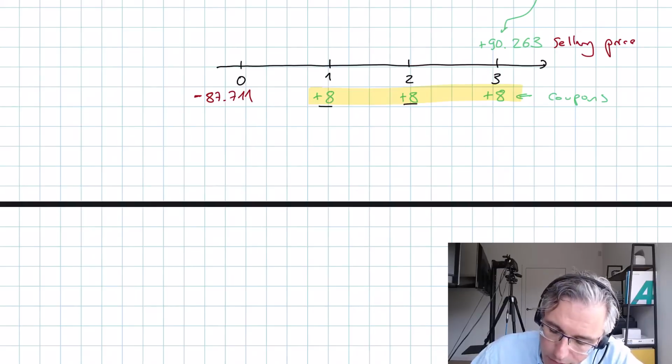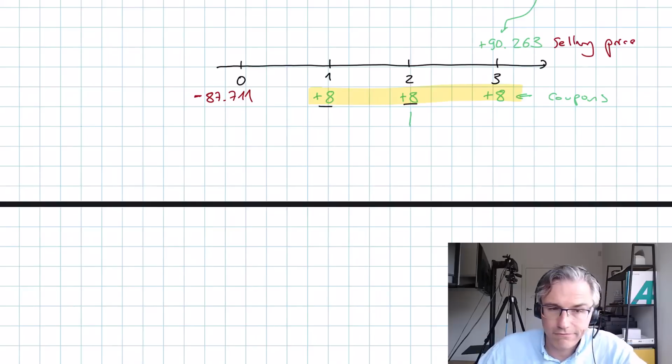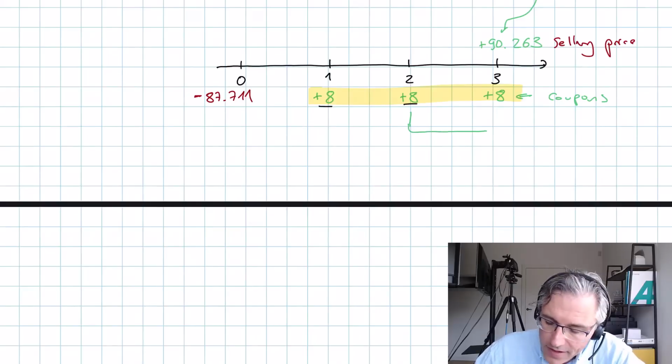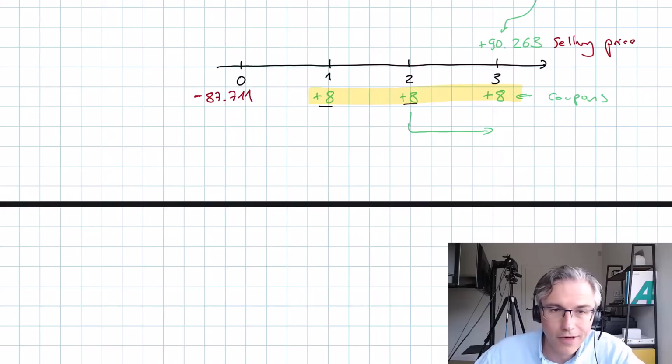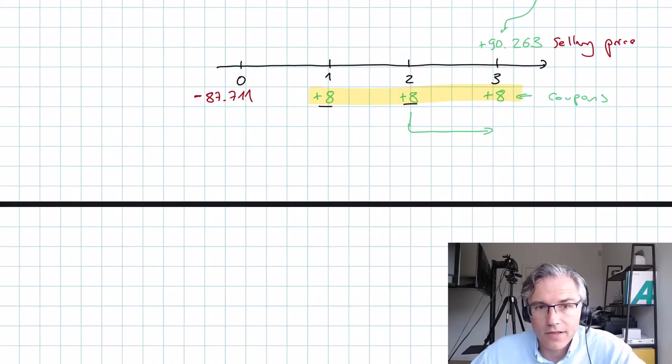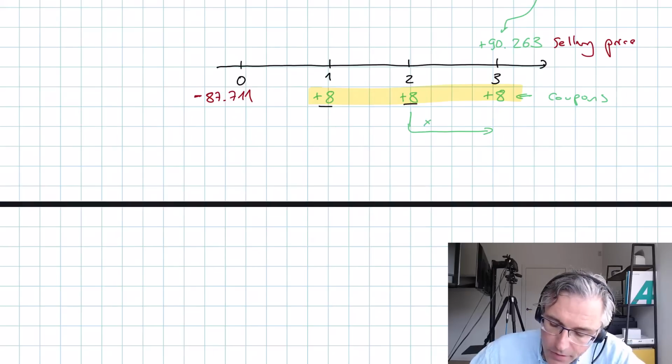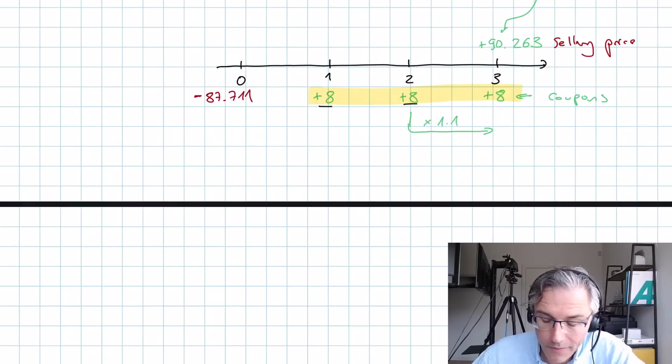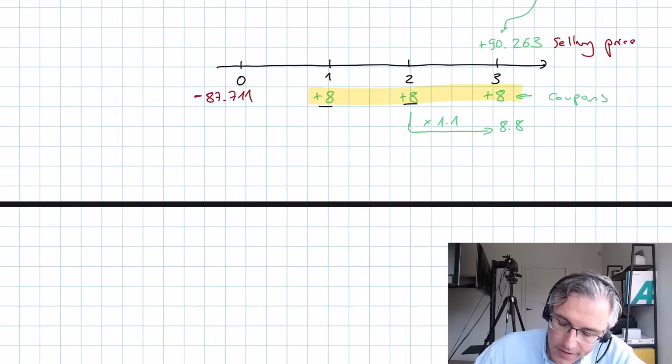So, for example, this coupon received at the end of the second year would have been reinvested until the end of the third year at a rate of 10%. So in order to get its year 3 value, we need to multiply that by a factor of 1.1, which actually gives 8.8. No need to take the calculator out.